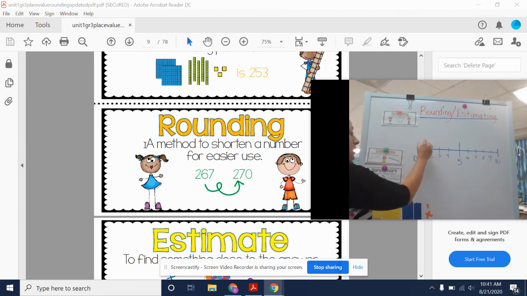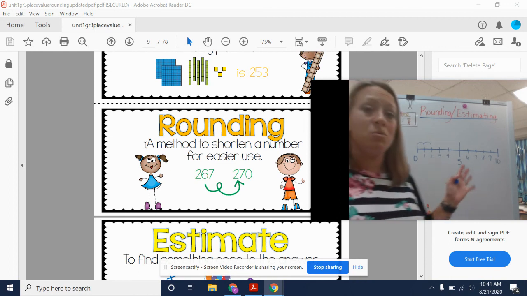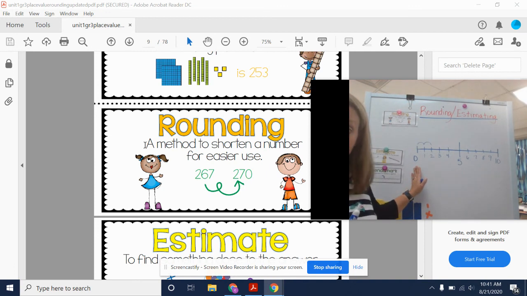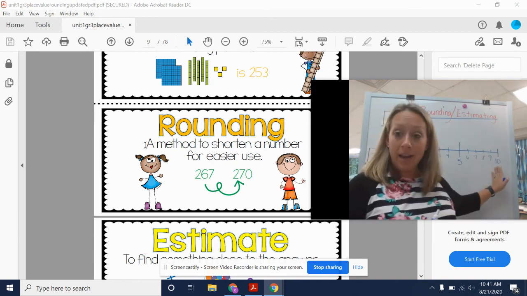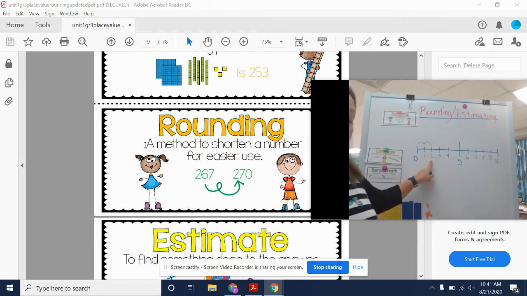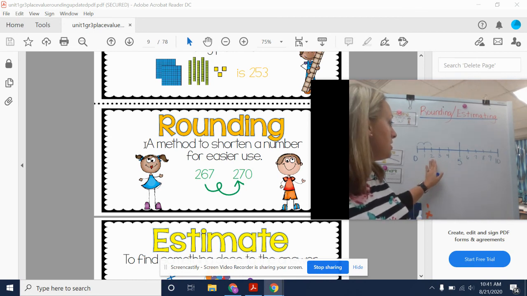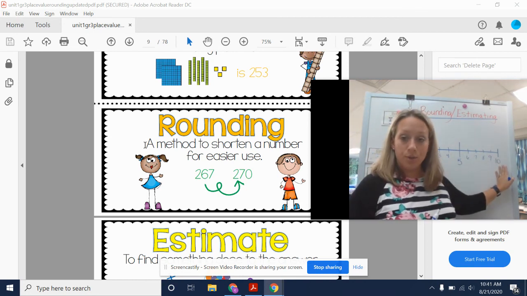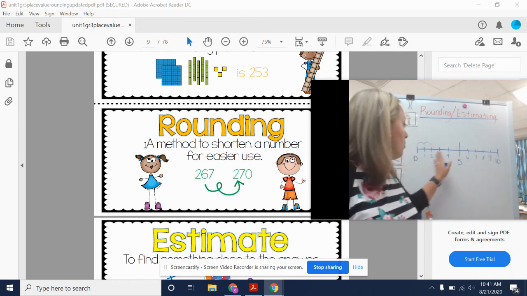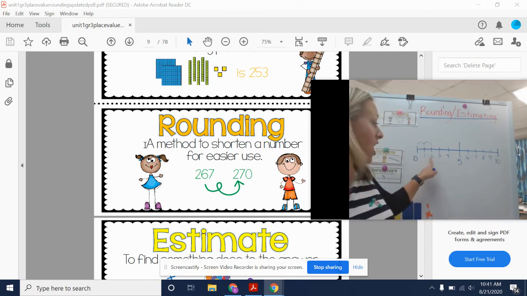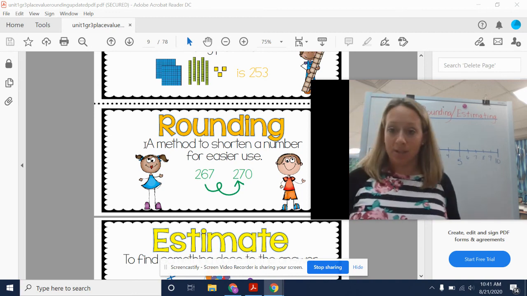And they're hopping along, and they're hopping along. And they decide, you know what? I'm thirsty. There's water here at this friendly number. They get thirsty when they're here. Are they going to want to keep on going because they're closer to the water there? Are they going to want to go back because they're closer to the water there? Obviously, they're going to want to go back because they're closer to the water there.